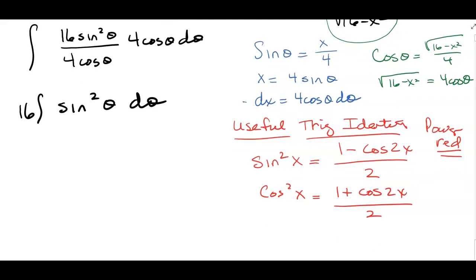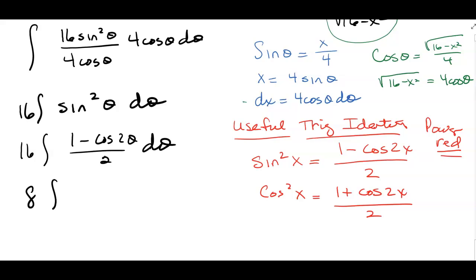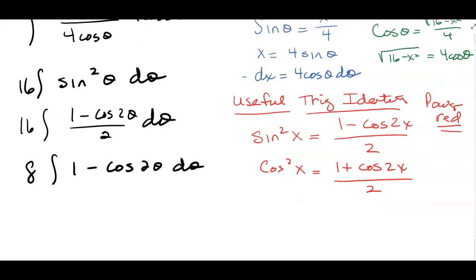I'm plugging in 1 minus cosine 2 theta over 2, sorry, I'm using theta. So that becomes 8 integral 1 minus cosine 2 theta d theta.